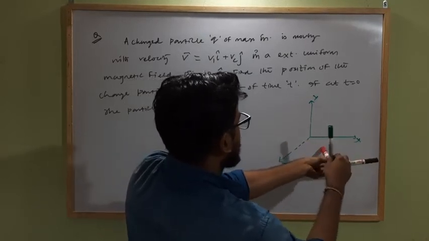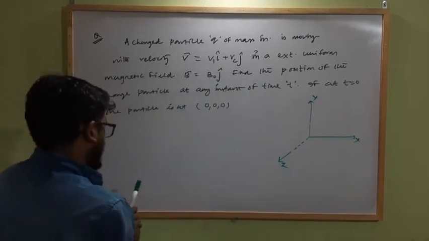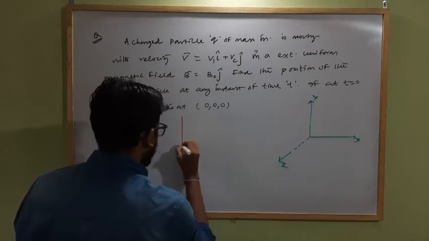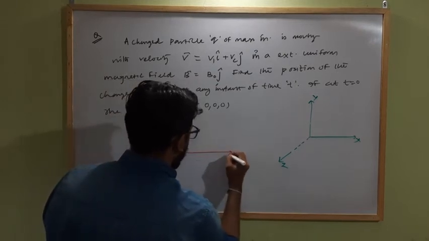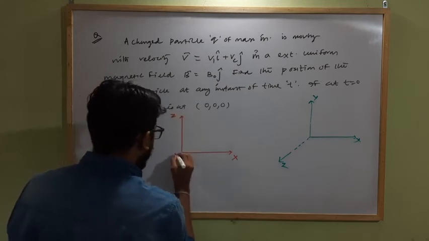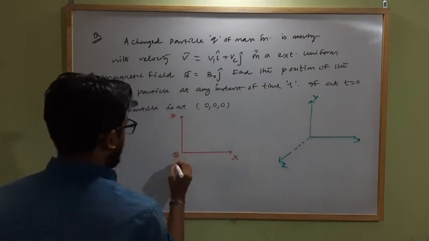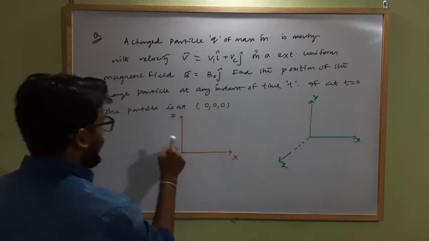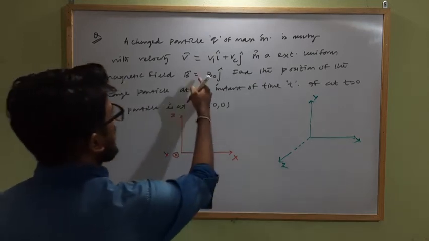So for convenience I am considering the coordinate plane like this. The y axis is into the plane. This is the x axis, this is the z axis and the y axis is into the plane inward. So the magnetic field is along the positive y axis.